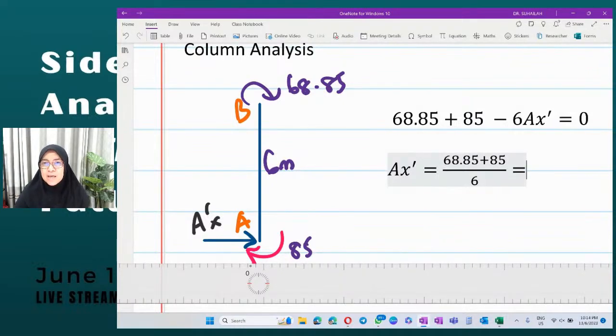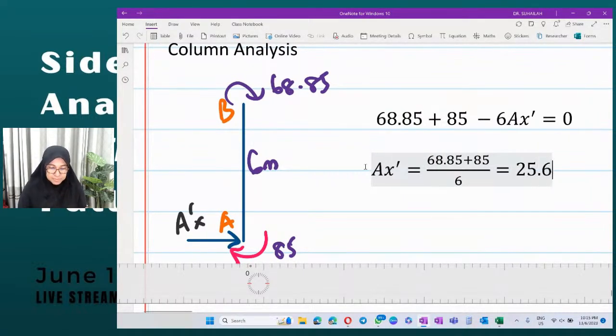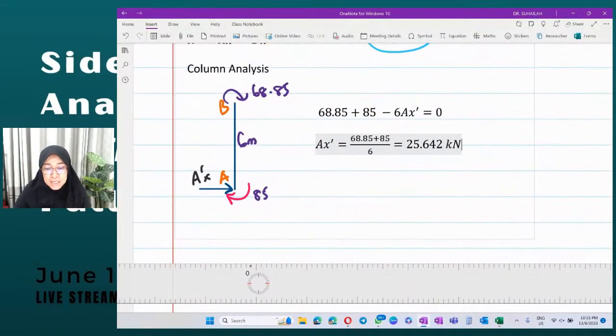What is the answer for AX prime? It is 25.642 kilonewton. Okay, this is for column AB.